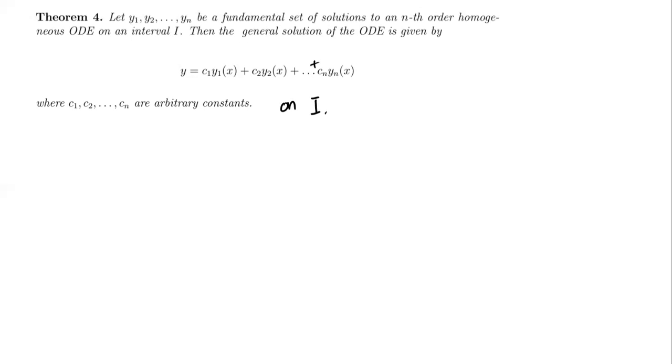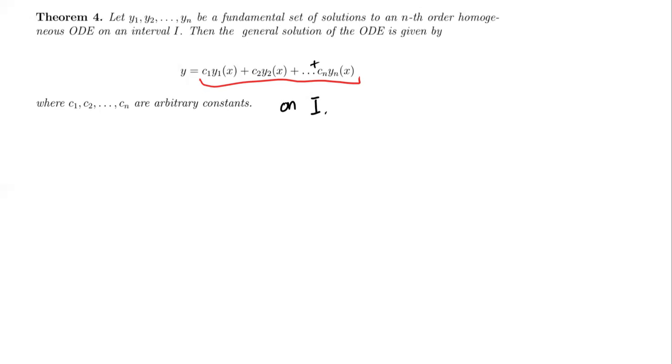What this means is, if I gave you a homogeneous fifth order differential equation, and we'll see this in an example in the next example, and I gave you a fundamental set of solutions, that is 5 linearly independent solutions on some interval, then the general solution is just all possible linear combinations of those linearly independent solutions. Now, why is this great? This means that if we want to find a method to finding the general solution for higher order homogeneous ODEs, right?